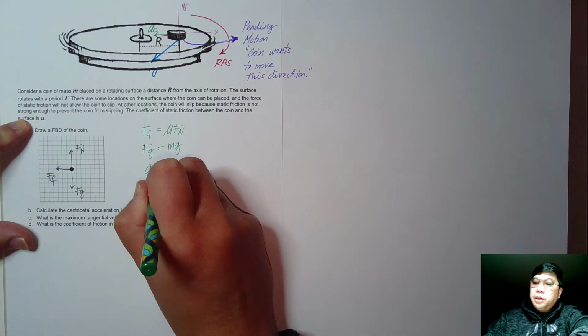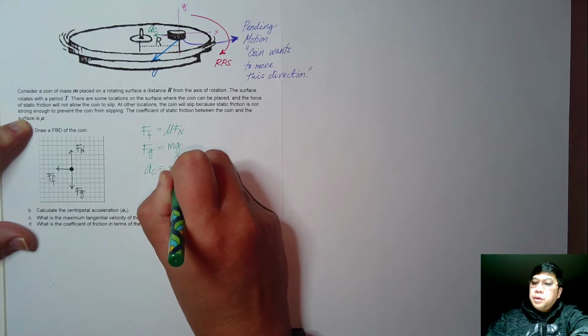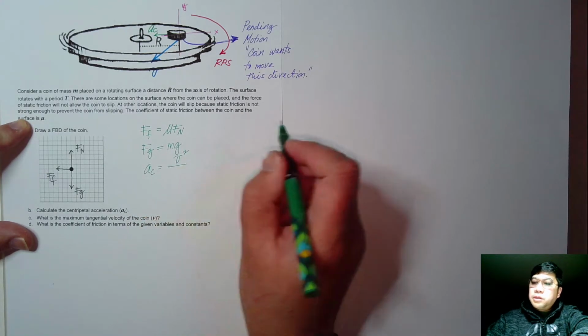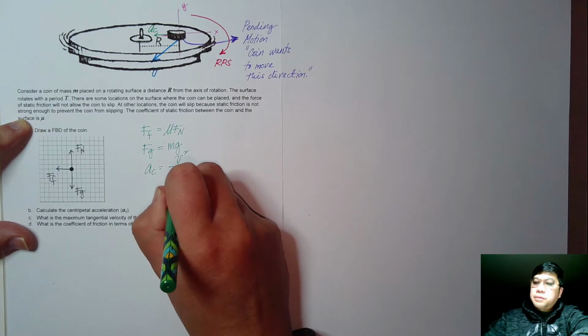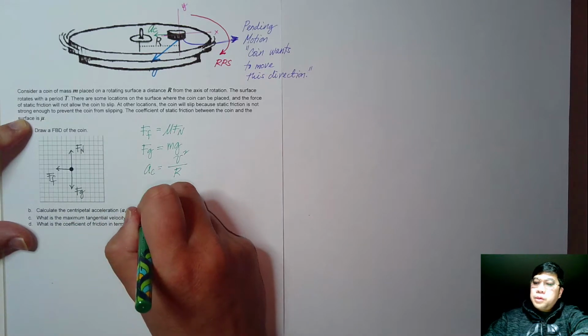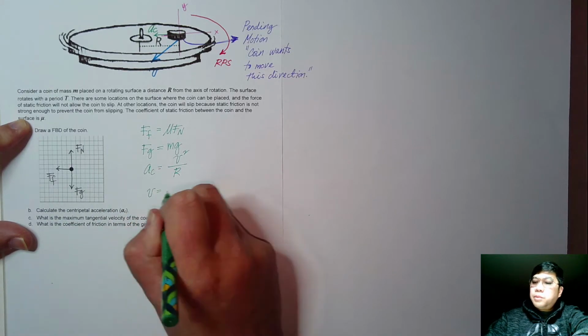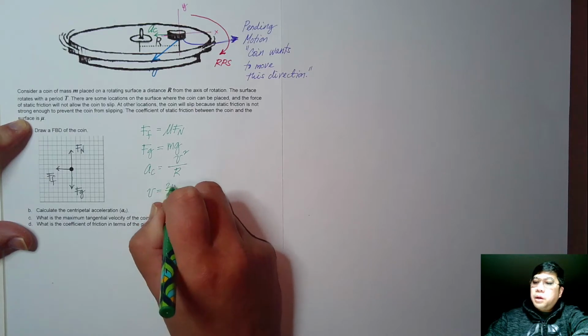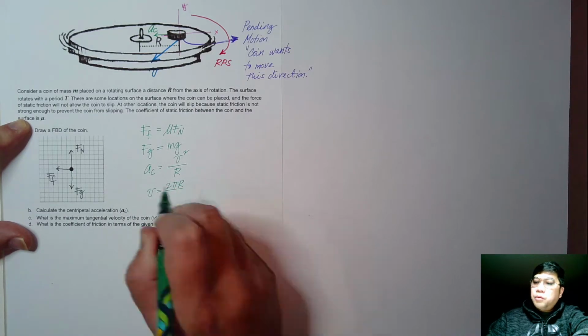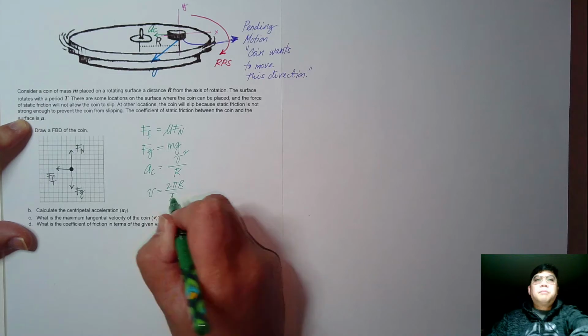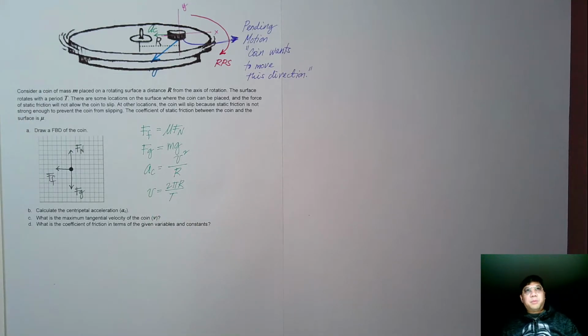Centripetal acceleration is the tangential velocity squared over r, the radius. And of course, the tangential velocity is simply equivalent to 2 pi multiplied by the radius over the period T. So those are some of the information that we need to remember.